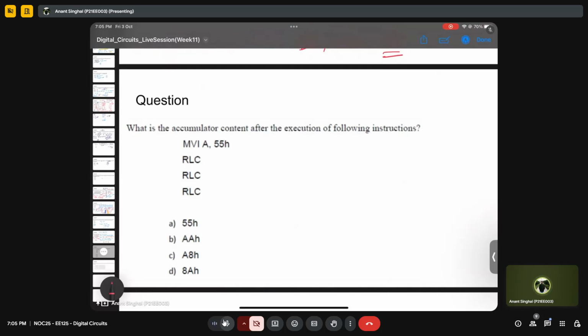So it says, what is the accumulator content after the execution of the following instructions? This is a good question actually. Maybe try it out, take 2-3 minutes and let me know the answers in the chat box.